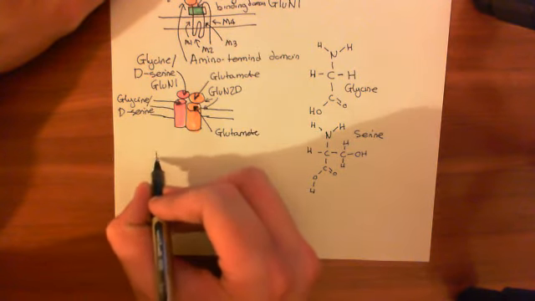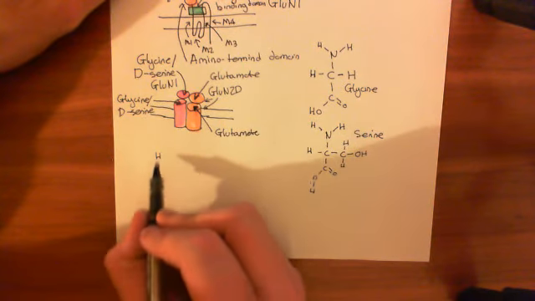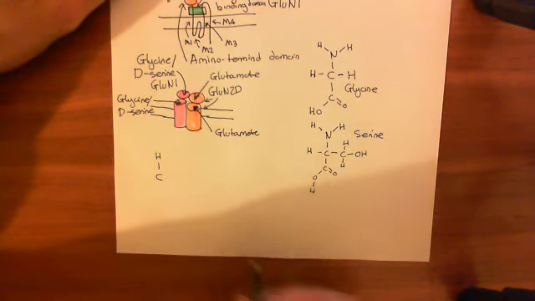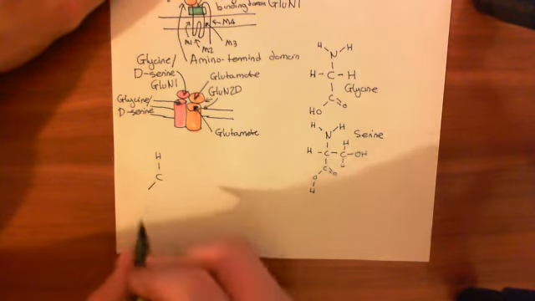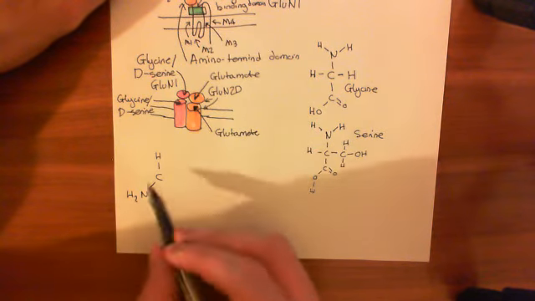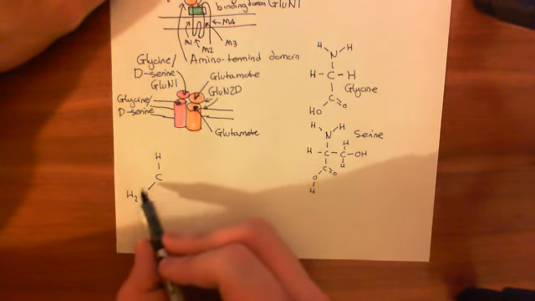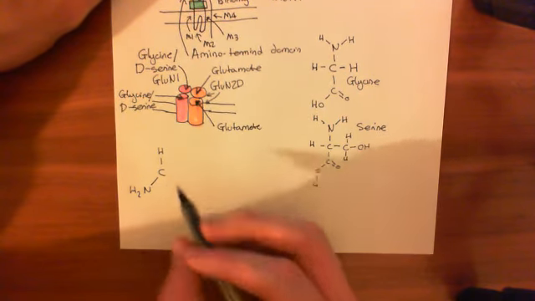We'll also put the hydrogen, again in the plane of the piece of paper, going straight up from the carbon. Then we'll put the amino group back here, H2N, again in the same plane as this piece of paper. So all of these are in the plane of the paper.